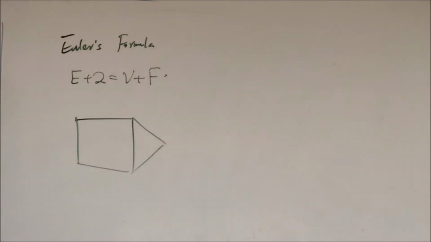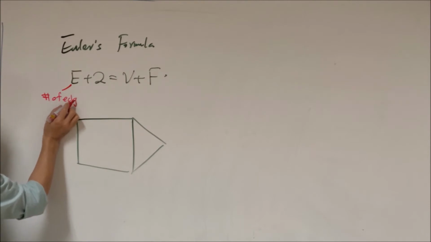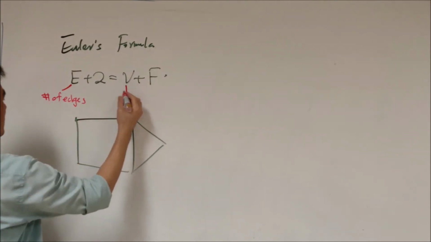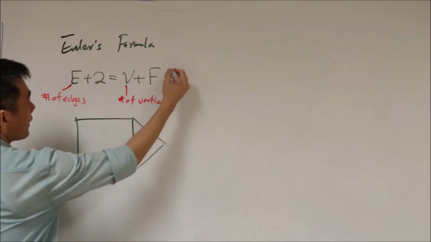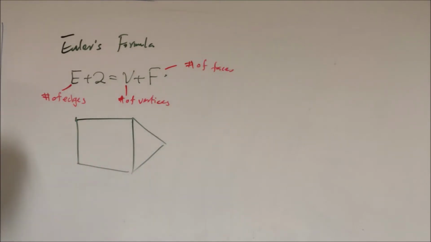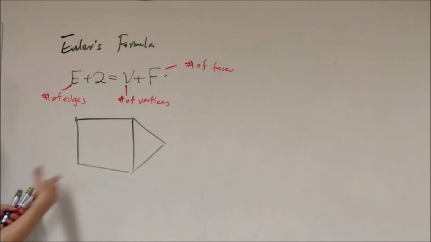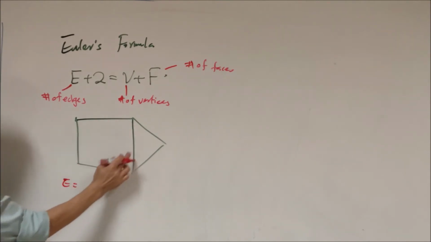We can count the number of edges, E, the number of vertices, V, and the number of faces, F. Let's say, for example, in this case, E is 1, 2, 3, 4, 5, 6.